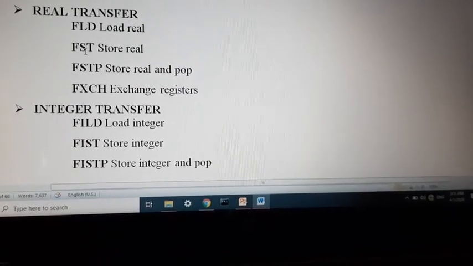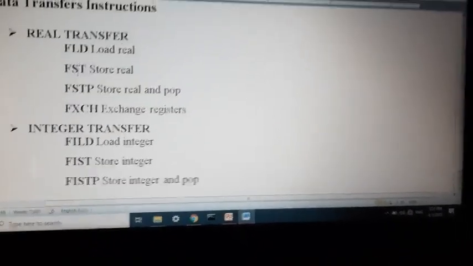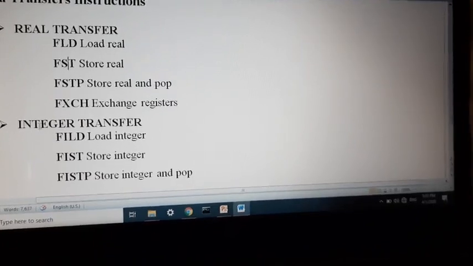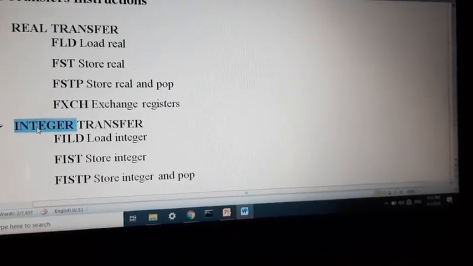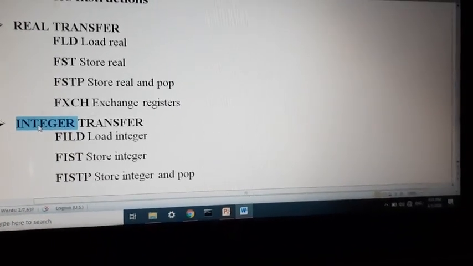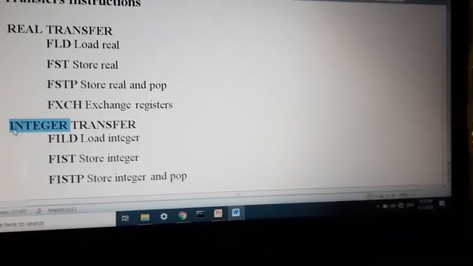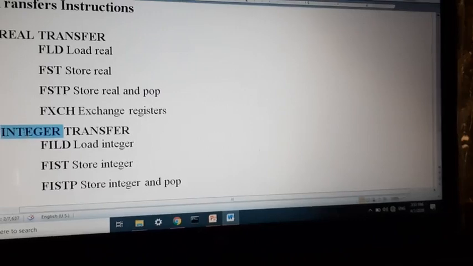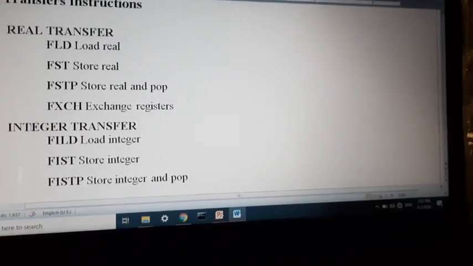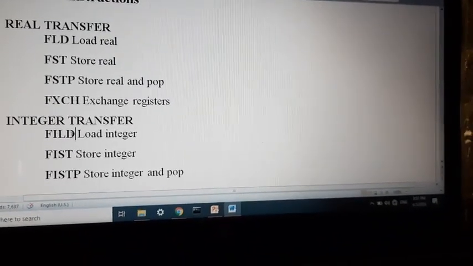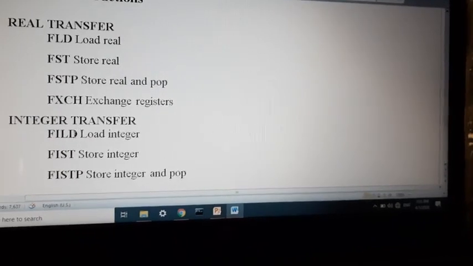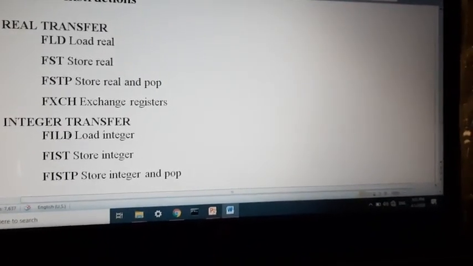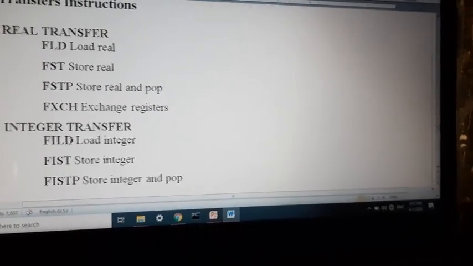Now the same load and store instructions we can perform for the integer data type. As we know that the 80387 can perform only on the real data type, if integer data is there, you can load the integer data by first converting that integer into real and then loading it on the stack.